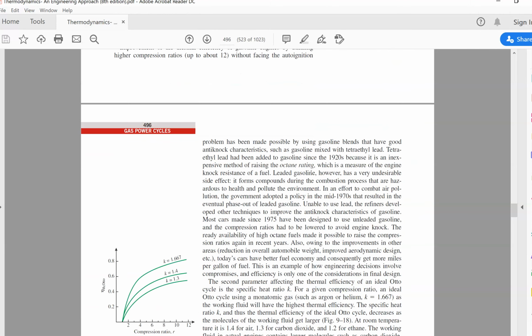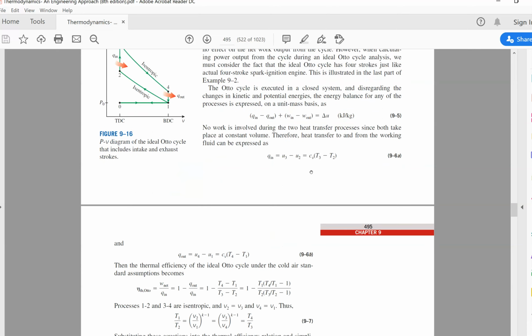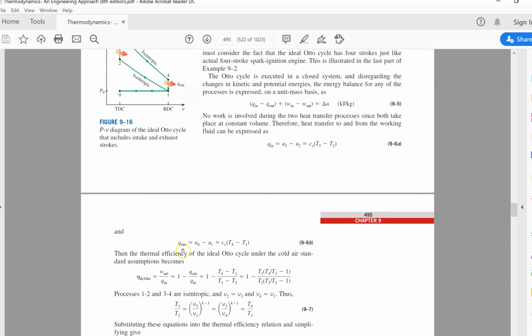This is a useful formula. Look at this, Q in. Can you see this? Q in equals U3 minus U2, which equals Cv times T3 minus T2. This is a standard formula for Q in, and this is a standard formula for Q out. Can you see? That's Q out, happening between 4 to 1.